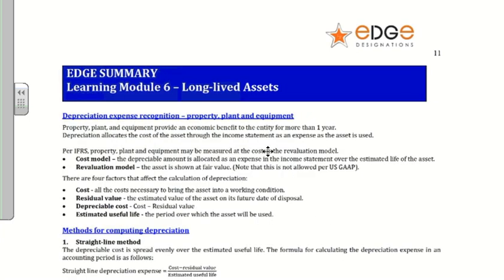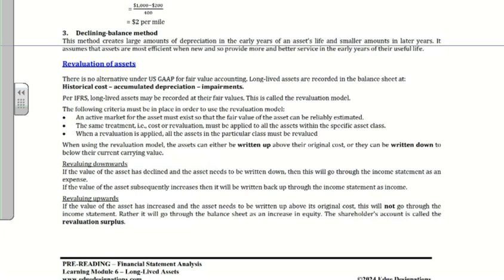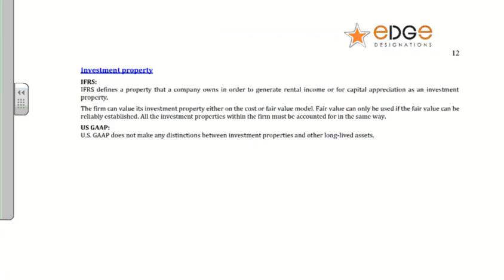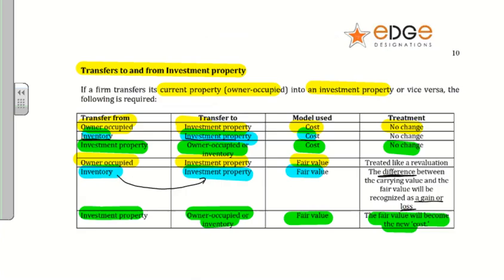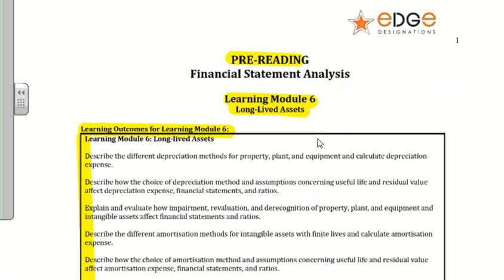That brings us to a close then of learning module 6, long-lived assets. On page 11 we've given you a little bit of a summary over the page, and onto page number 12. Taking us back to the beginning of this particular learning module, as you can see, guys, it wasn't an overly crazy difficult one. We dealt with depreciation rates and all that kind of good stuff, and we looked at the different kinds of assets and how we depreciate those, ranging from property, plant and equipment.